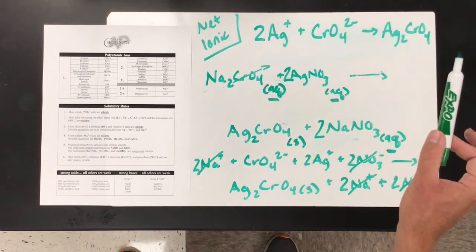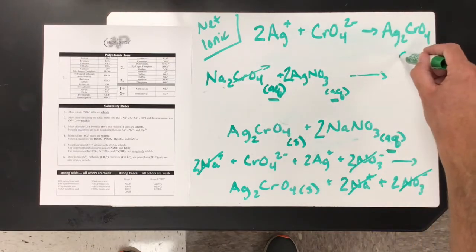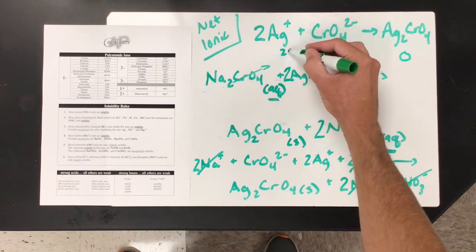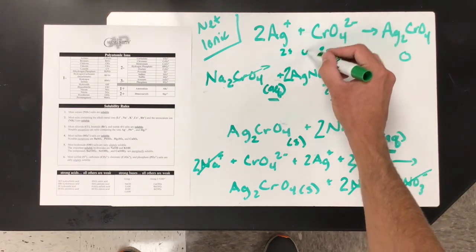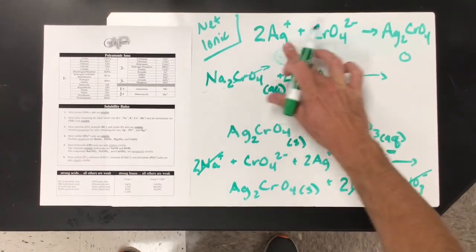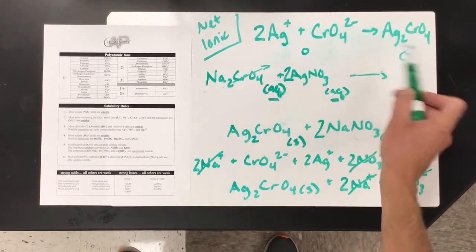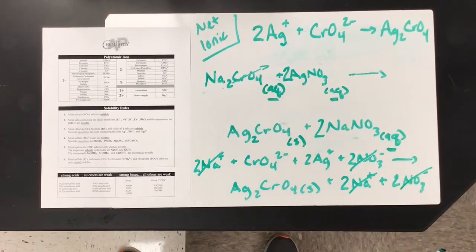The other thing that matters is charge. So I have no charge here, so my charge here is 0. Here I have 2 plus, and here I have one of these, which is a 2 minus. So that negates the 2 to make it a 0. So to summarize that, I have the same amount of elements and the same charge. So this is my net ionic equation.